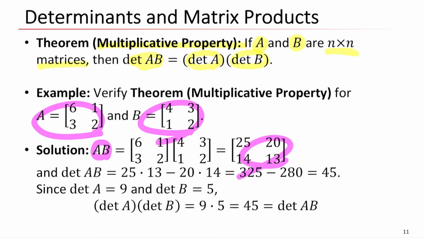The determinant of A times B will be 45. The determinant of A is 9, and the determinant of B is 5, so the determinant of A times the determinant of B is equal to 45, exactly the same as the determinant of A times B.